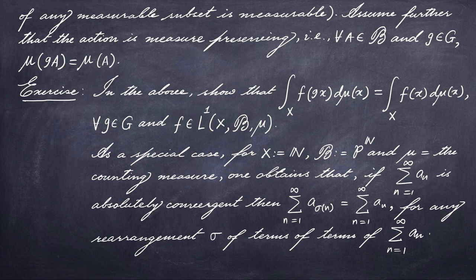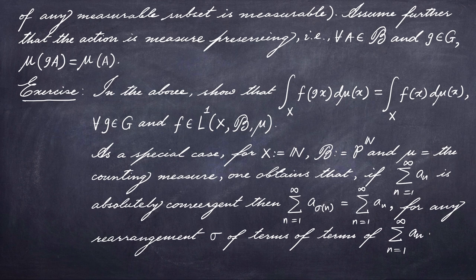So mu is a measure on N, and then what is the function space? The function space is the space of all complex sequences, and for this measure space, L1 is nothing but the collection of all complex sequences such that the corresponding series is absolutely convergent.